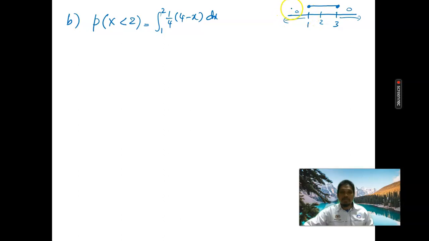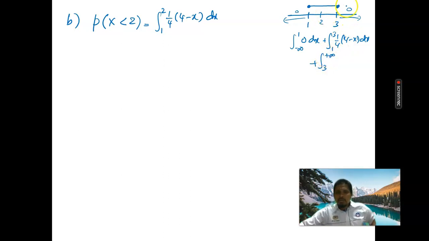From negative infinity until 1, there's no function, there's 0 dx, plus 1 up to 3, 1 over 4 times (4 minus x) dx, plus from 3 to positive infinity. Do we have any function here? No, it's just a 0. So 0 dx. So this gives you 0, and this one will give you 0, and the whole of this we have proved just now is equal to 1.